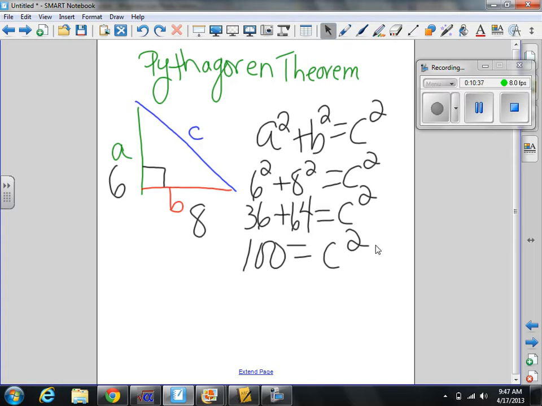Remember, this is the entire square. I don't want to know the entire square. I just want to know one of the side lengths. So what can I do to both sides? Take the square root. The square root of 100 is 10, and the square root of c squared is c. So the missing side length equals 10.